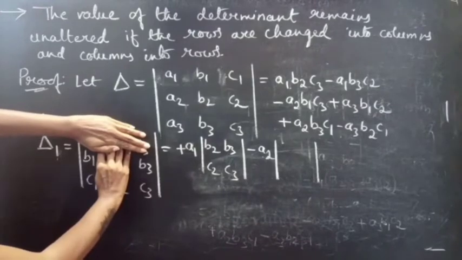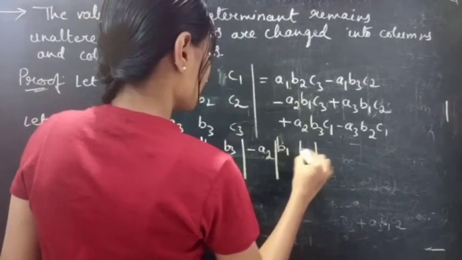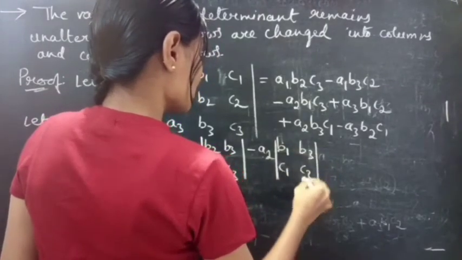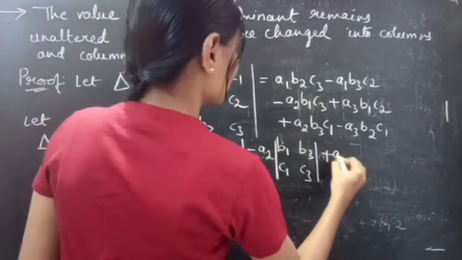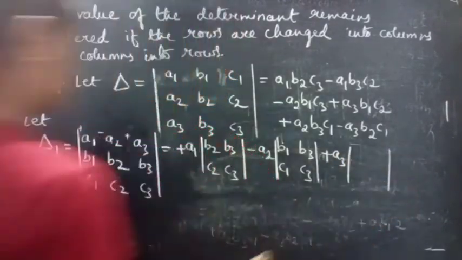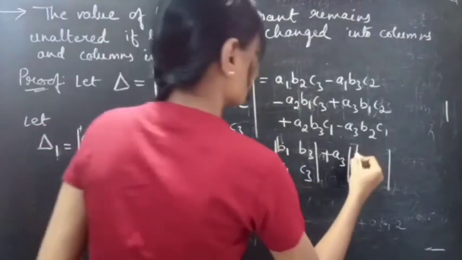So you'll get B1, B3, C1, C3, plus A3 into the determinant of B1, B2, C1, C2.